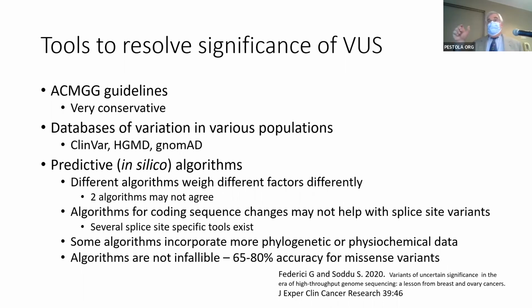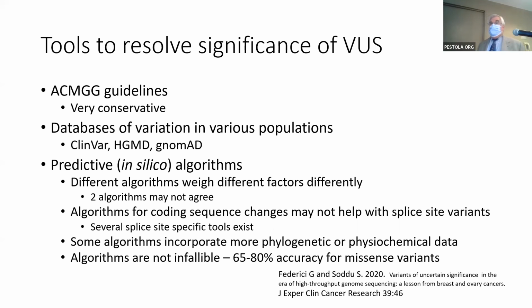Splicing is that invariant 6 bases on either side of where you snip out an intron and glue those 2 exons together. A change in those is generally going to cause a change in coding sequence. More so if it's position 2 than at position 6. But sometimes you have a deep change and it causes a new splice site, and a splicing algorithm will pick that up and say, oh, possible new splice site.